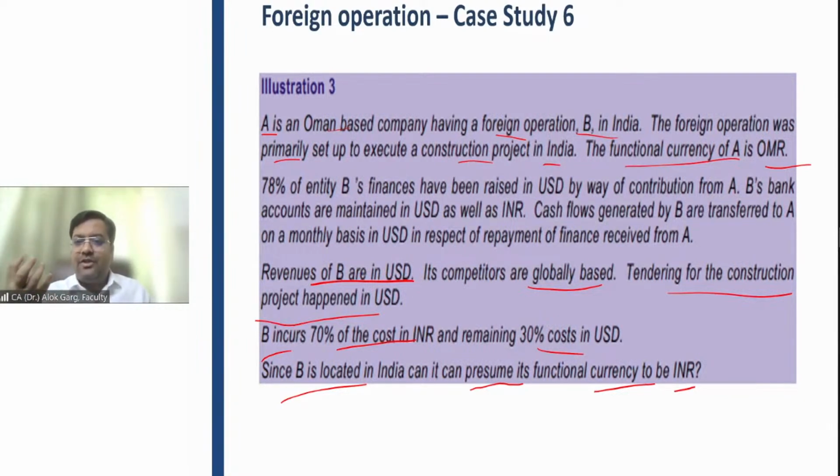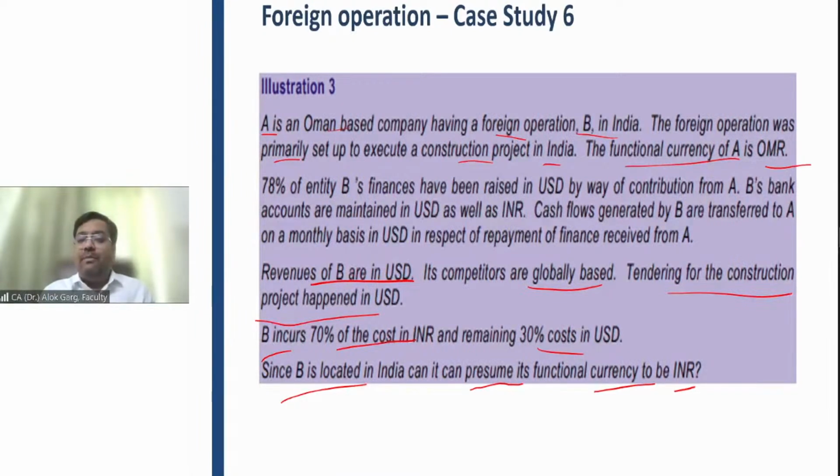And whatever cash flow is generated by B, B is transferring to A on a monthly basis. Why? Because of repayment of finance. It is not like whatever money B has collected, it is directly remitting to A. It is not like that. So B is repaying the money taken from A, right?